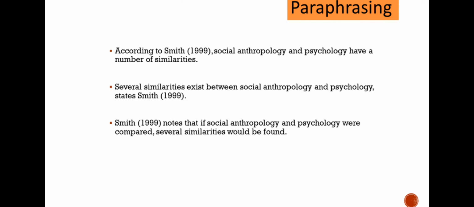In the second sentence, several similarities exist between social anthropology and psychology, states Smith. Smith's name was mentioned at the end of the sentence, so next to his name, we have the year. Smith notes that if social anthropology and psychology were compared, several similarities would be found.